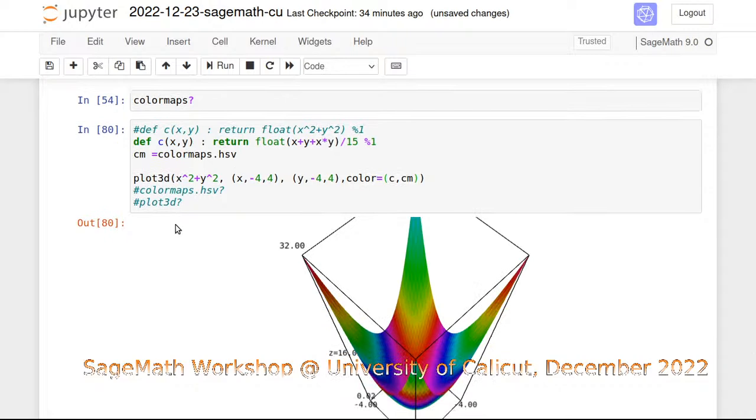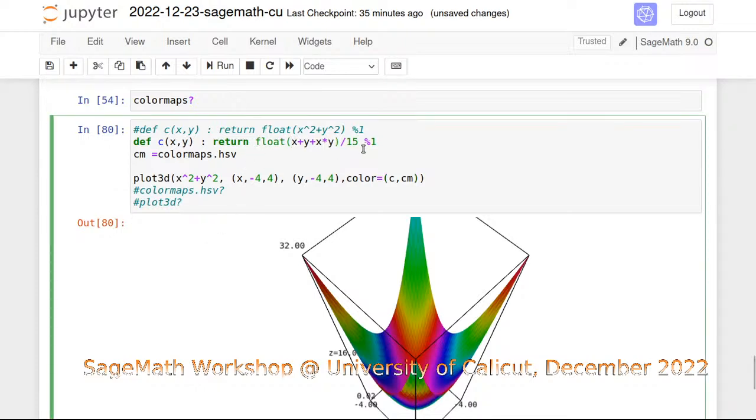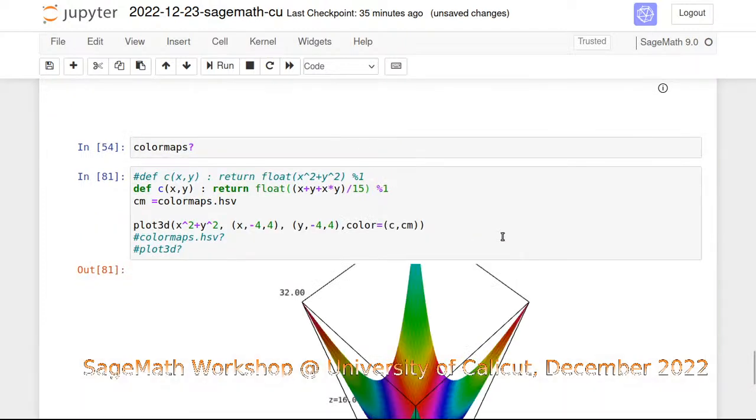So x square plus y square is the function within range minus 4 to 4, and color we are using as C and CM. We are defining this to be x plus y. Okay, maybe I should put this inside. One bracket is probably missing. Maybe I can do like this. After taking the float, let us take it with this.